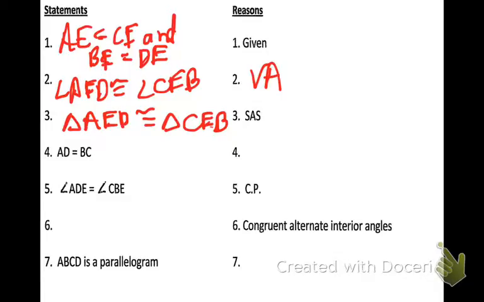How do I know that AD is congruent to BC? Madeline? Nope. We're trying to show that it's a parallelogram. Eli. Yeah, that's CP. And then also by CP we can say that ADE is congruent to CBE.